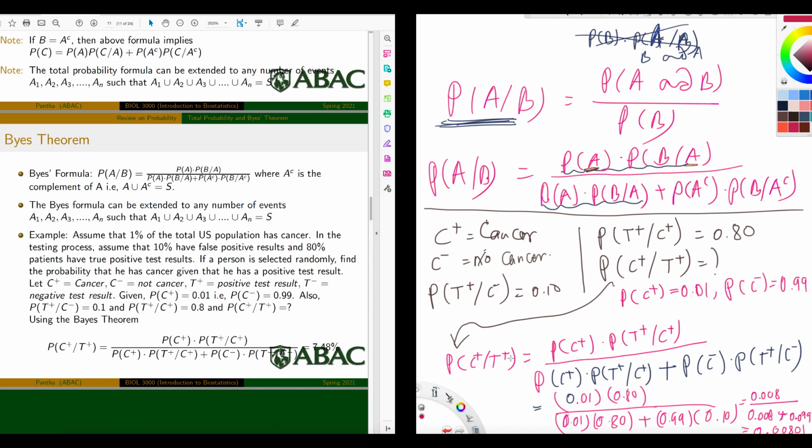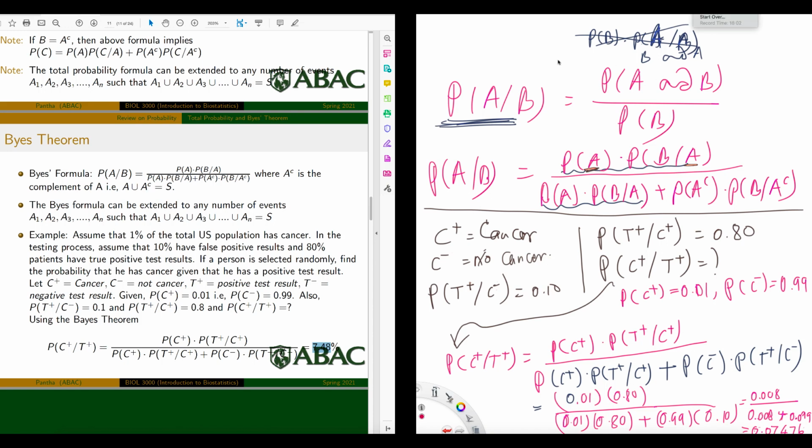If you use a calculator for this, I got 0.0748, which means 7.48%, right? That's what I got here, 7.48%. Okay, guys. All right, this is how you use the Bayes theorem.